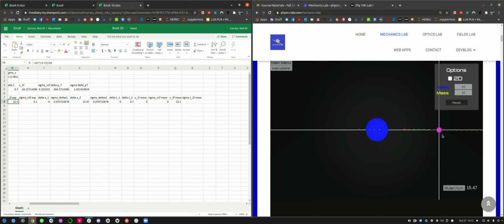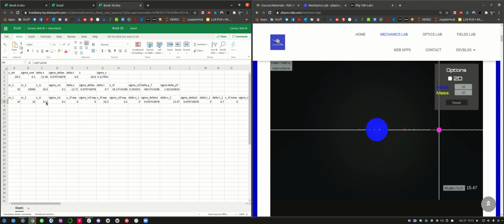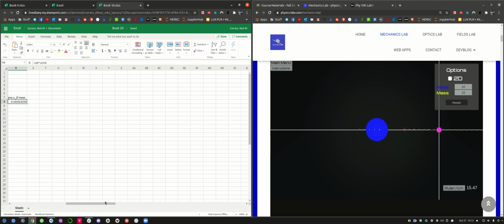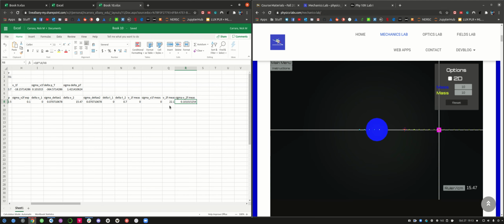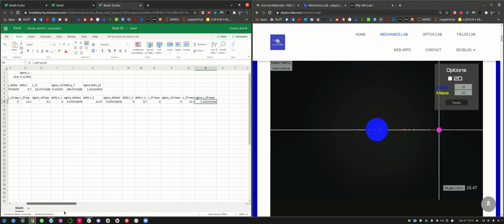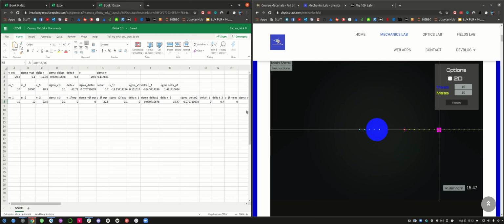You know, I'm not exactly all that precise with measuring here. That's why we have uncertainties. And so this again is going to be that times sigma delta x2 divided by delta x, which is that. And well, unfortunately, it doesn't agree within the uncertainty, but I guess that's okay. Not too big of a deal.